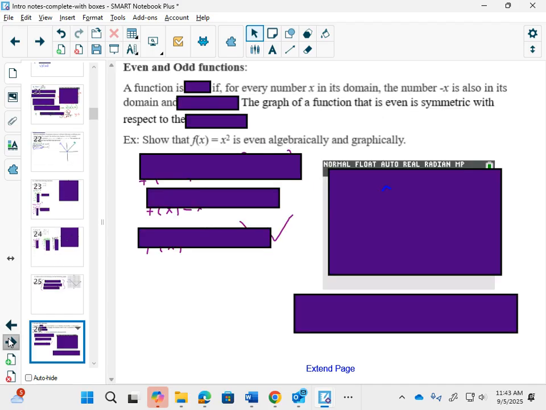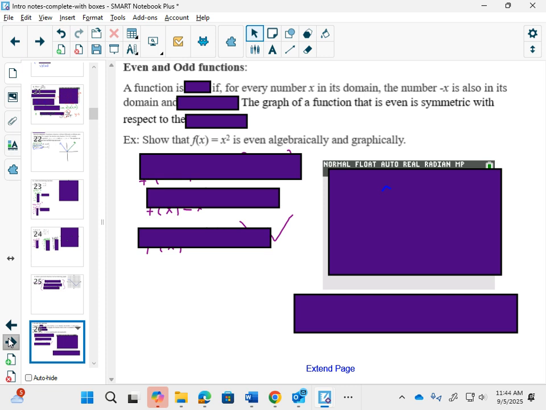The last topic we're going to look at today is even and odd functions. You saw this already in grade 12, and we mainly looked at it with polynomial functions.